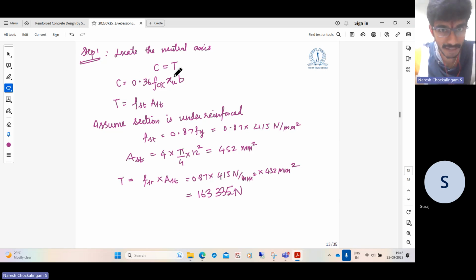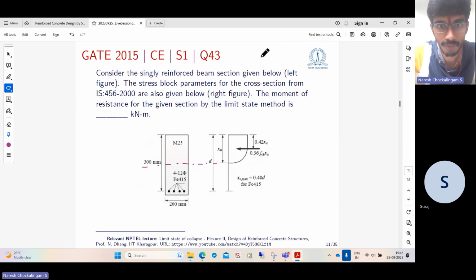What is the total compressive force? It's given by this. So equate the two: the compression equal to tension. In this case, what is FCK? FCK is given as 25 Newton per mm square, 25 MPa. MPa is the same as Newton per mm square. What is B? B in this problem is 200 mm.